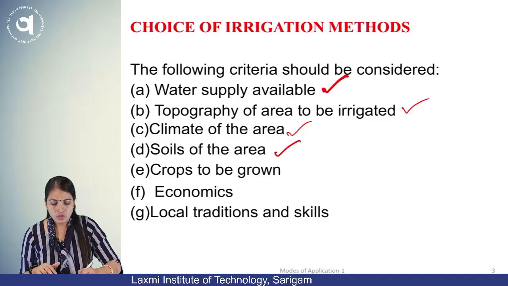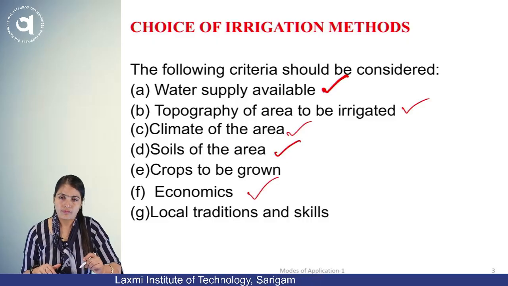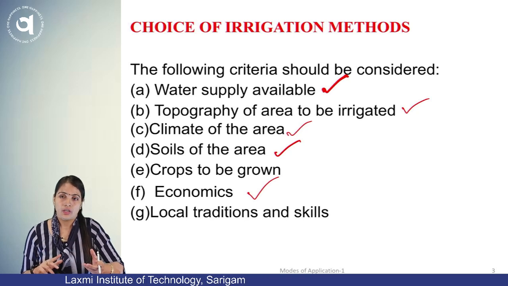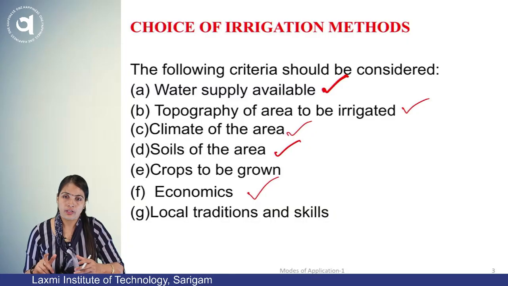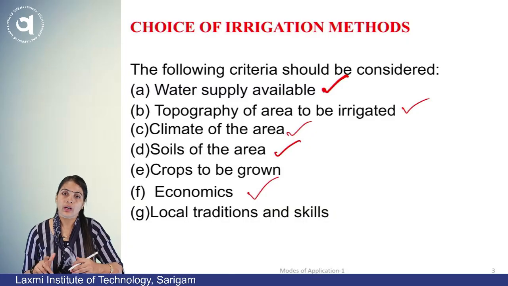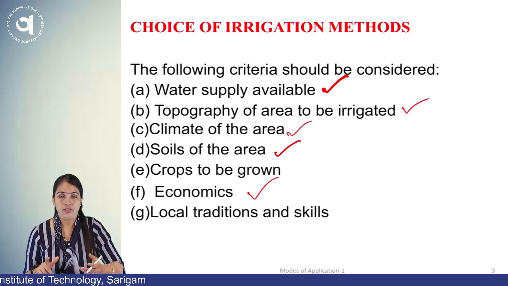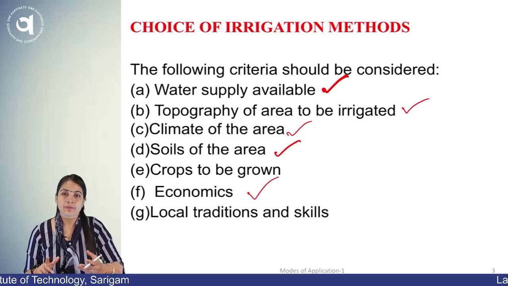Then we also have to check economics, because if your situation allows sprinkler irrigation but your funds do not allow it, you can't adapt that method. Sprinkler methods are costly, and the starting investment is very high.